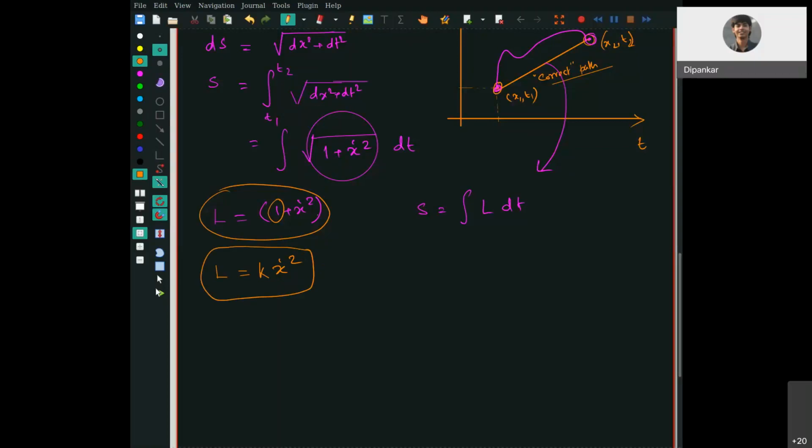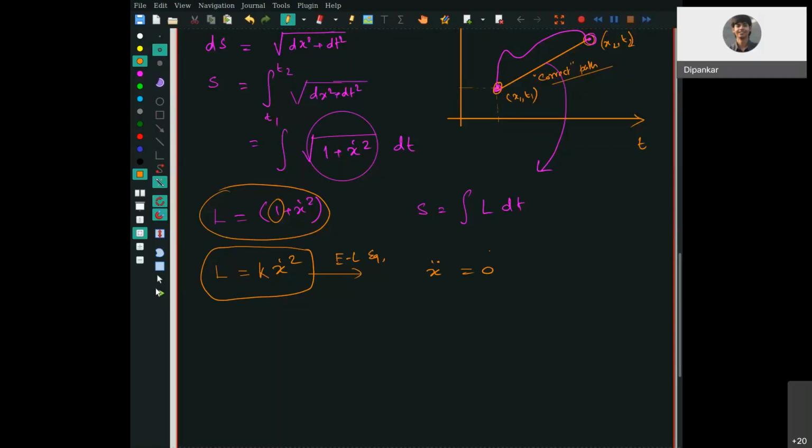Now you can apply the Euler-Lagrange equation and find that the equation of motion is x double dot equals 0, which is fine because that is telling you that the acceleration is 0, that is, it is moving with a constant velocity.